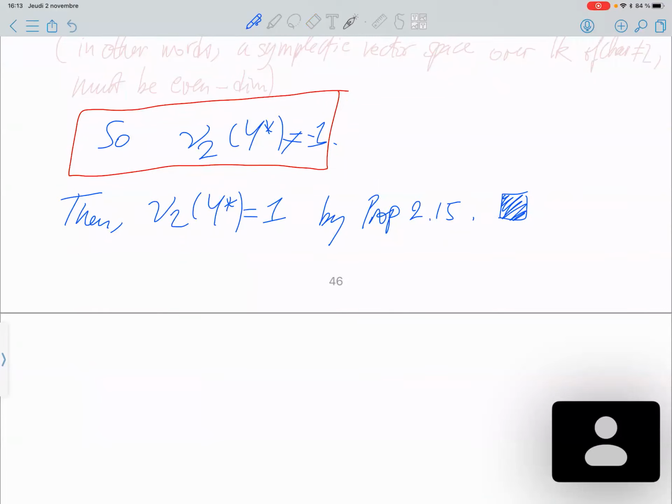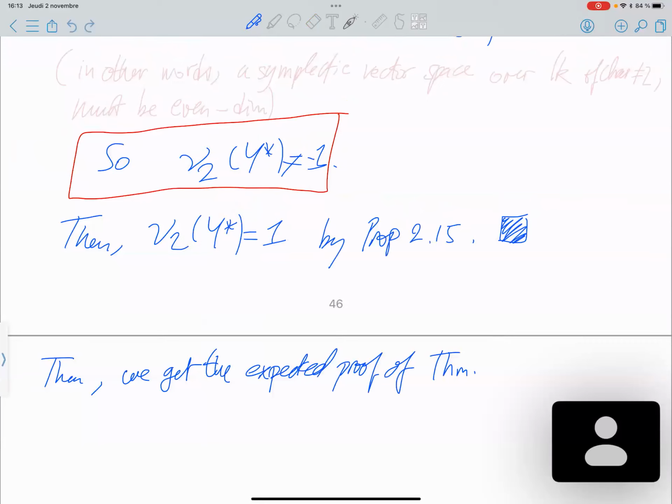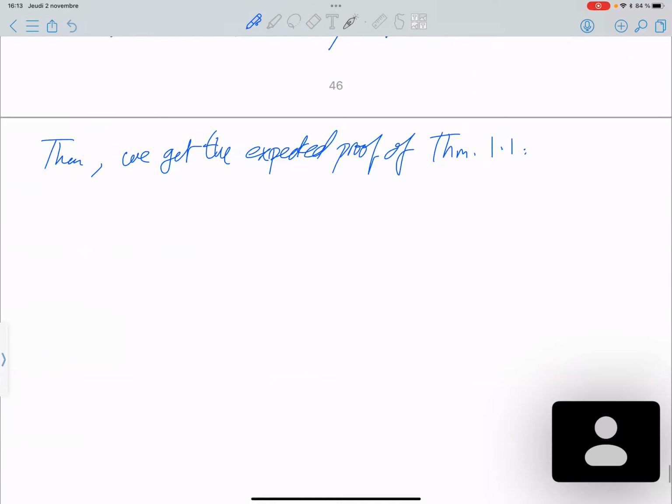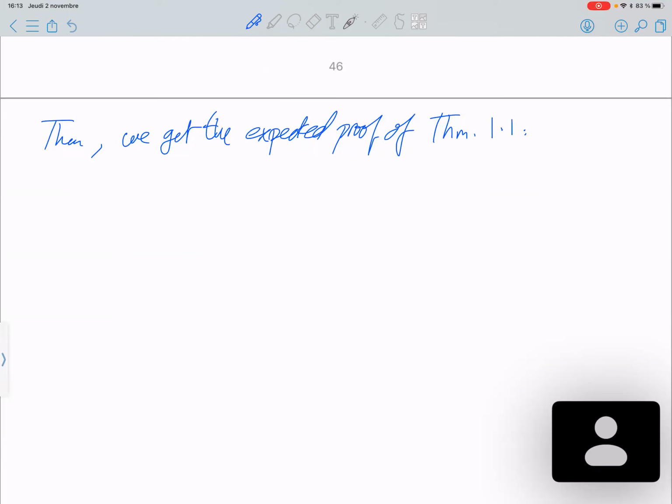So then we get the expected proof of theorem 1.1, the Wang conjecture in the Hopf case. Proof of theorem 1.1.